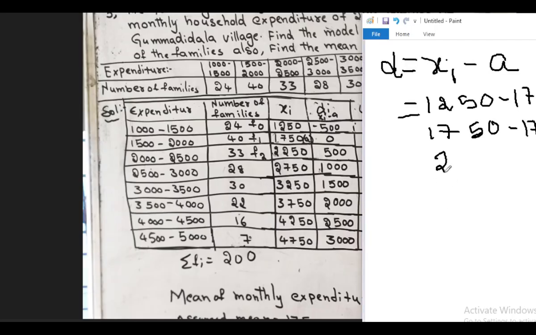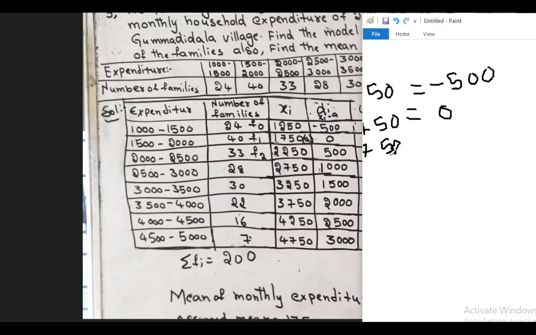Then the next class 2250, from 2250, if we subtract the assumed mean 1750, we get the deviation as 500.